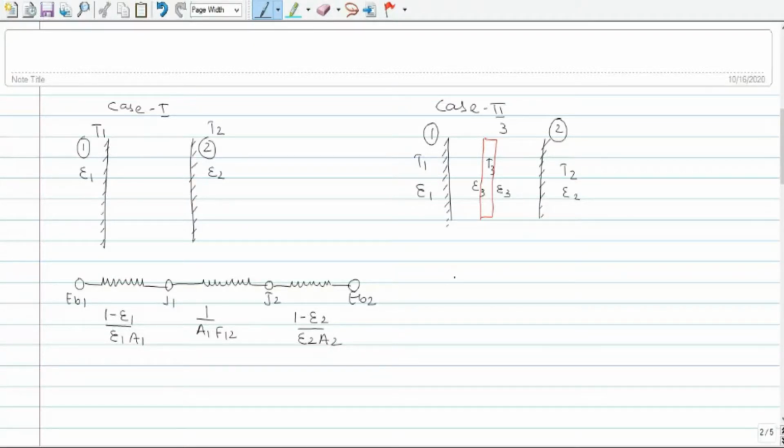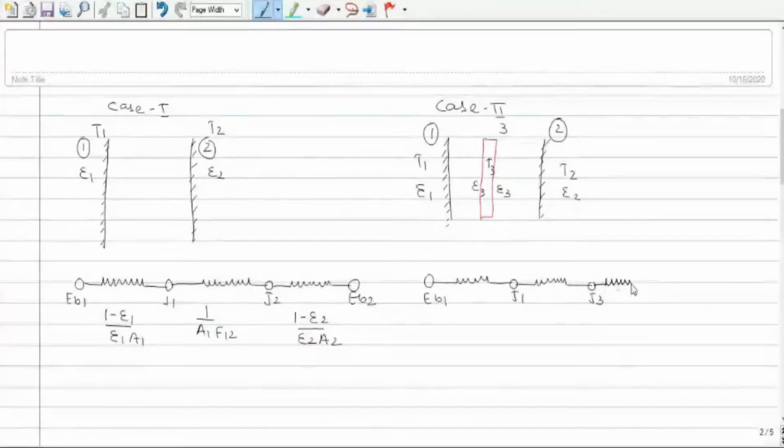Here, in case number 2, if I want to plot the electrical analogy, then it is EB1. Then here the surface resistance is there. Then J1. Then here I am writing down J3. Then there is a surface resistance, here it is EB3. Then again the surface resistance on the other side.